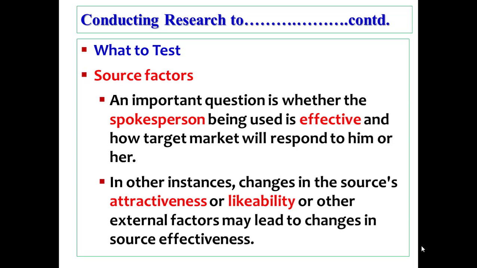Sometimes the likability of the source, the model, its attractiveness, its credibility, and other things become the main factors that we measure to know whether our advertisement is effective or not. It's because people might have concern about the source factors.